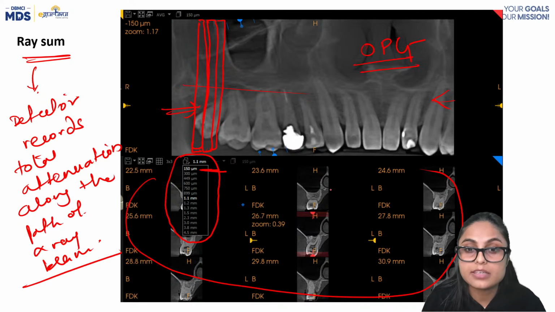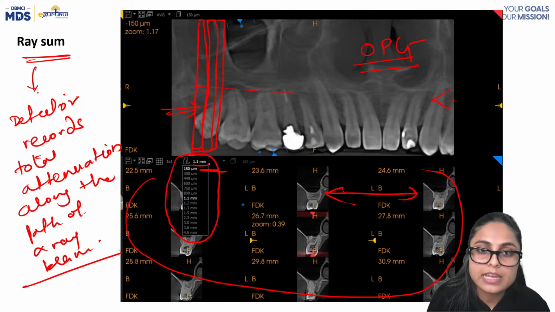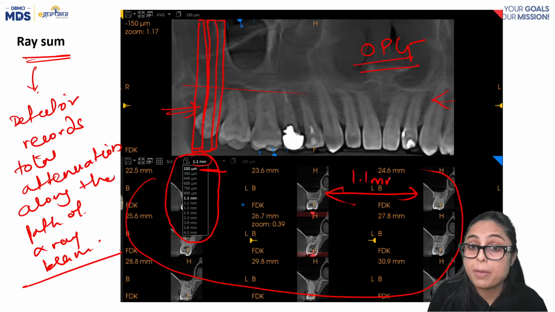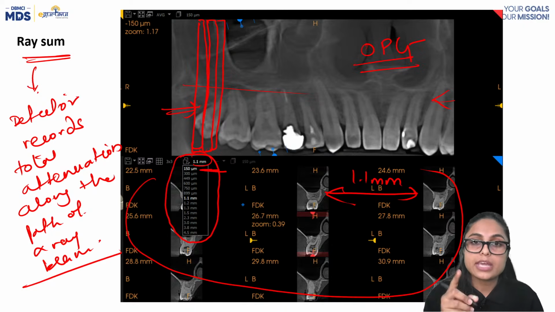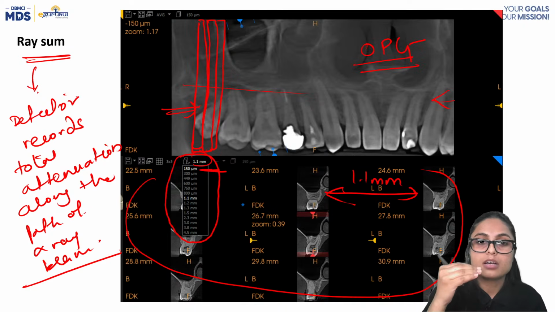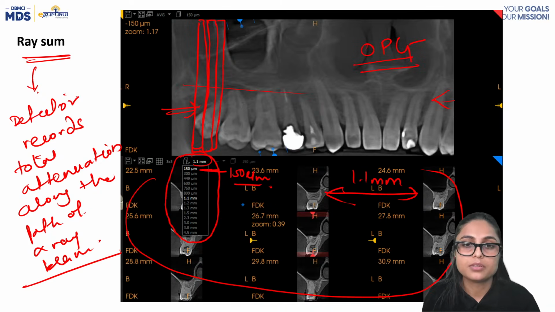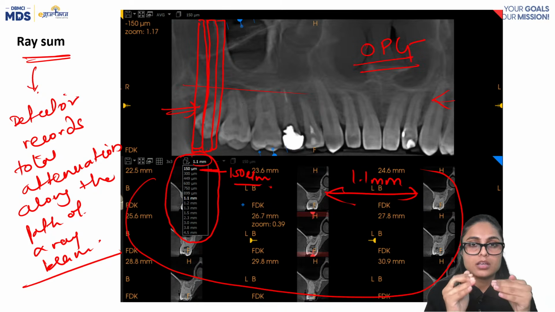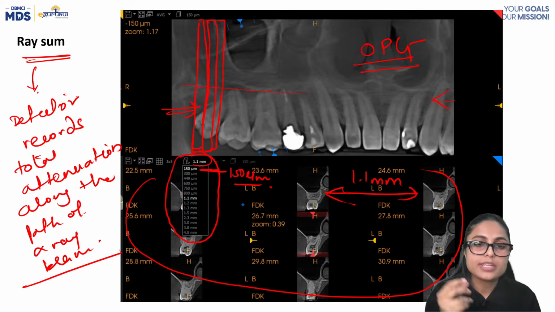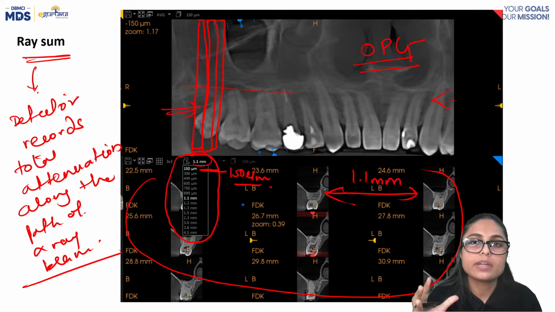Slice thickness means the distance between two slices. Now I have selected 1.1, so the distance between these two slices is 1.1 mm. You can change it, or select a slice thickness up to 150 micrometers. So in ray sum, you can change the slice thickness and view your data. This is about ray sum.